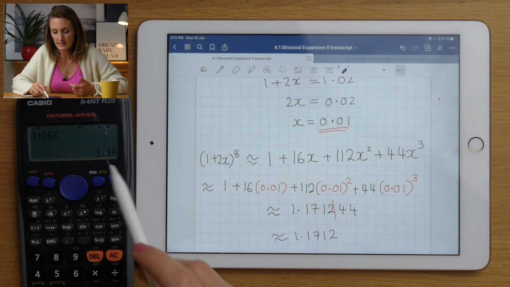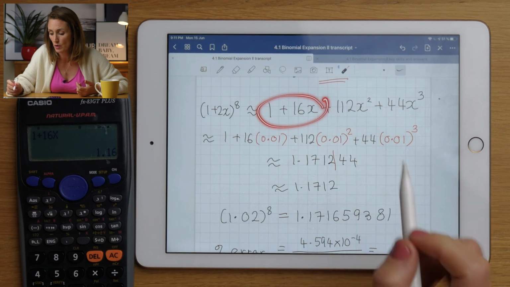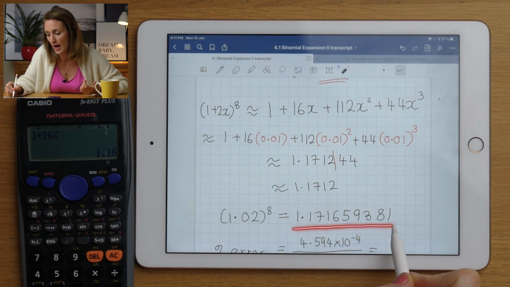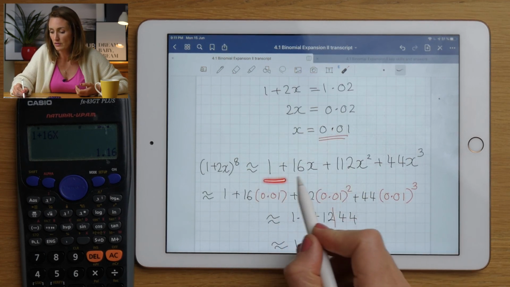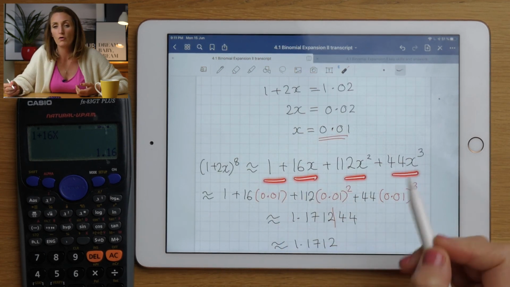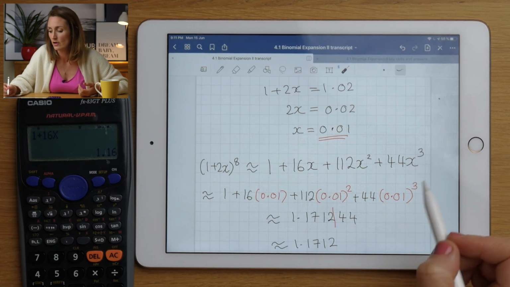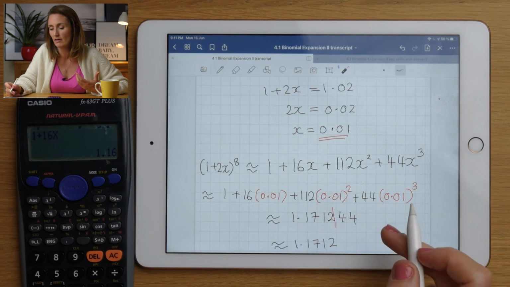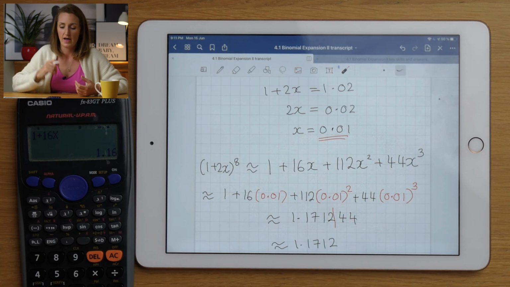Well, 1 plus 16x gets us to 1.16, using the first 2 only. Remember, the perfect answer is 1.17, and some change. So each one of these will contribute more greatly to the answer. And as the powers get higher, the numbers become so small that they're practically 0. So we're adding on a very, very little bit by using the higher powers of x.